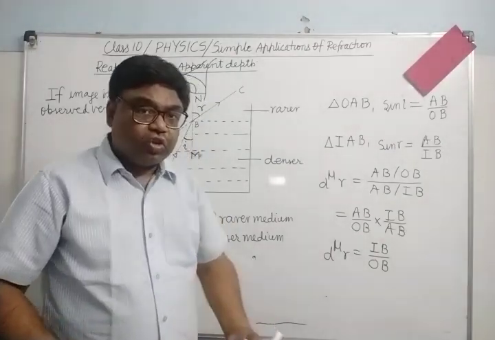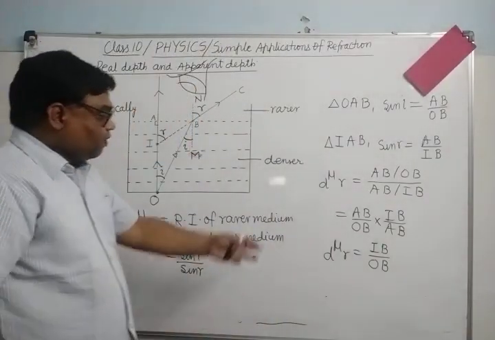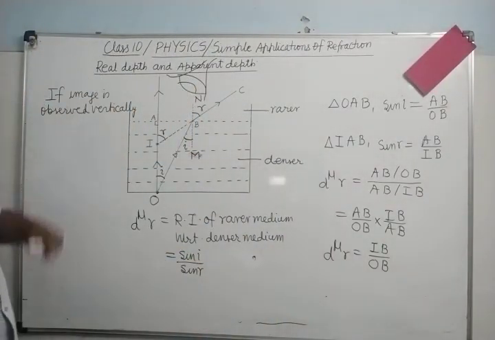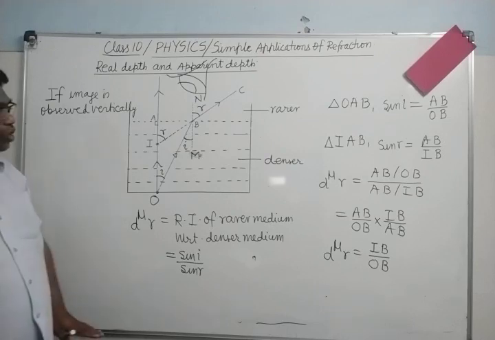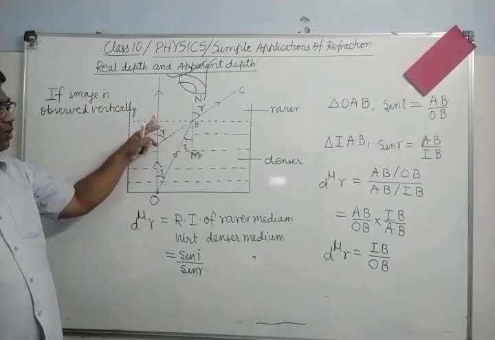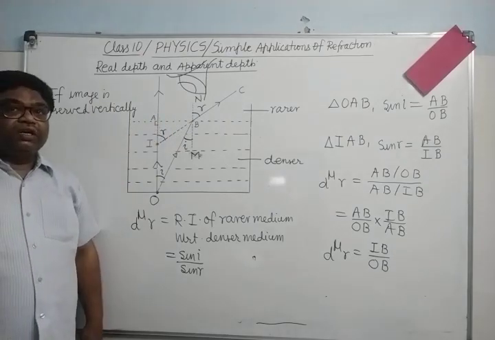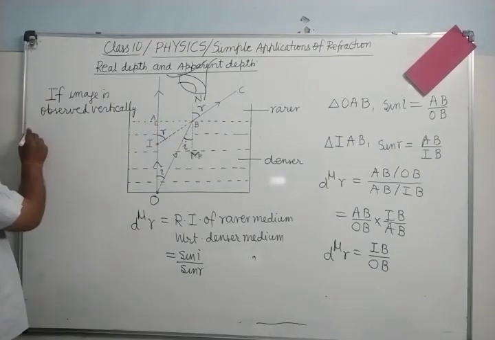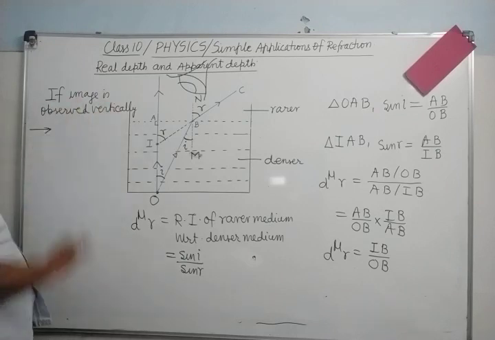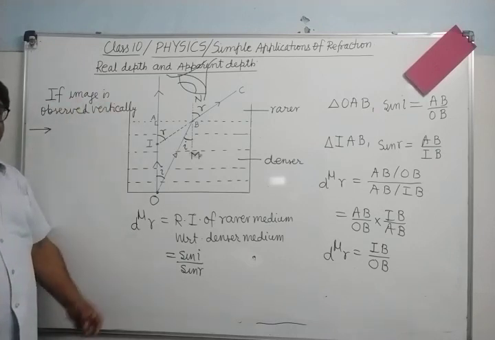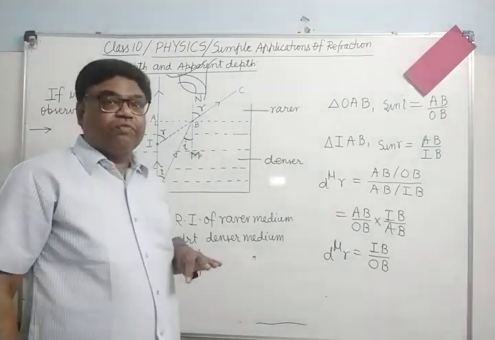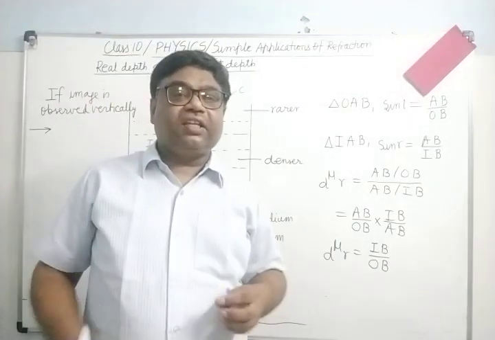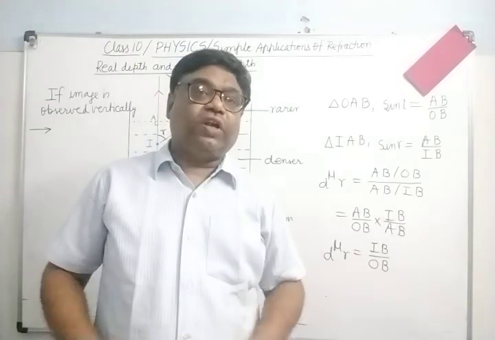It's clear. So after this relation we have assumed that when the image is observed vertically, then point B will be close to A. This point is very, very important here. The relations which we will get after this will be under the condition that the image is being observed vertically.